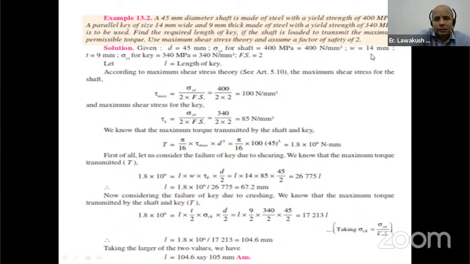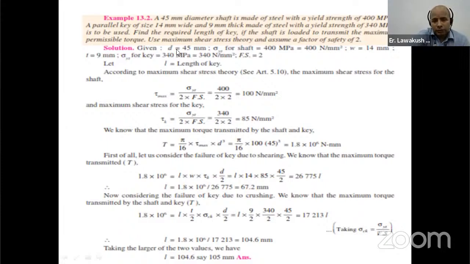Here width is given as 14 millimeter and thickness is given as 9 millimeter, and sigma yt for the key, as given in the question, is a yield strength of 340 megapascal.